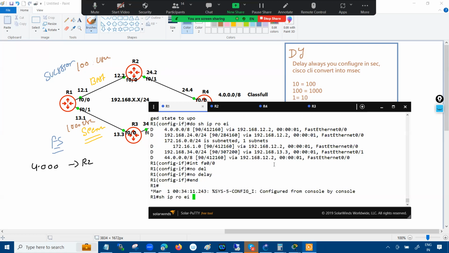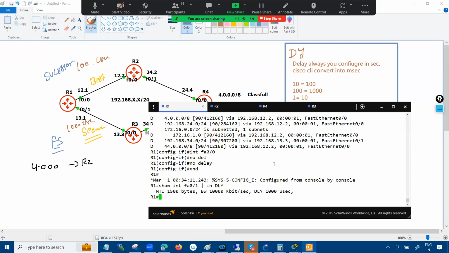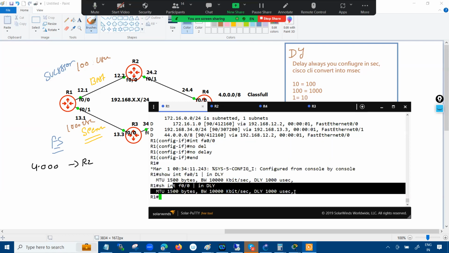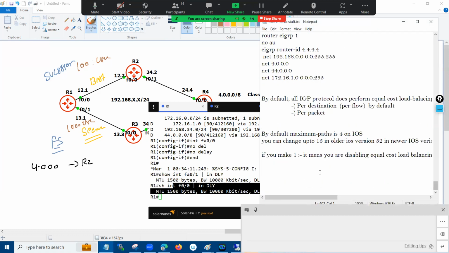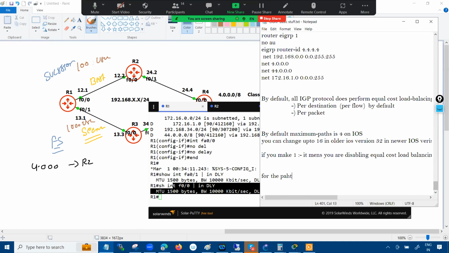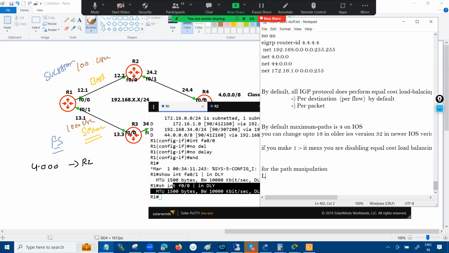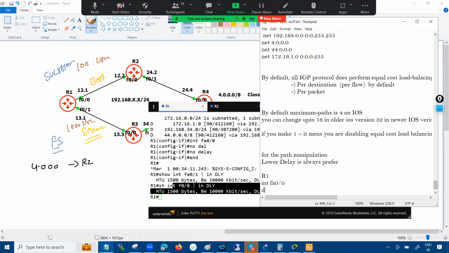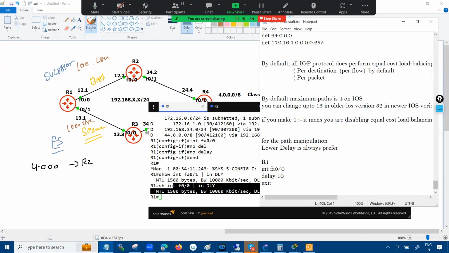If you see show IP interface 0/1 delay and 0/0 delay, they are the same. For path manipulation, lower delay is always preferred. On interface 0/0 the delay is 10, while 0/1 is configured 100.